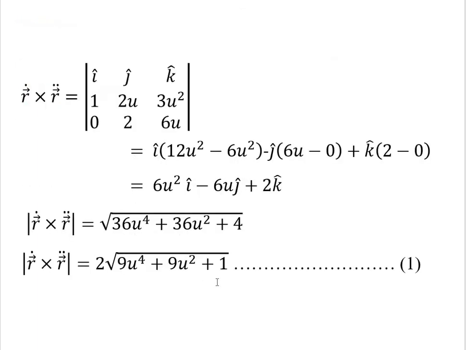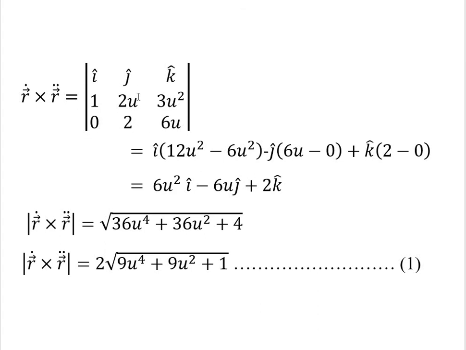So we know the formula for curvature, kappa equal to the modulus of r vector dot cross r vector double dot divided by s dot cubed. So we need the cross product of r vector dot cross r double dot. By the formula we are using i, j, k, first the r vector dot component, second the r vector double dot component.